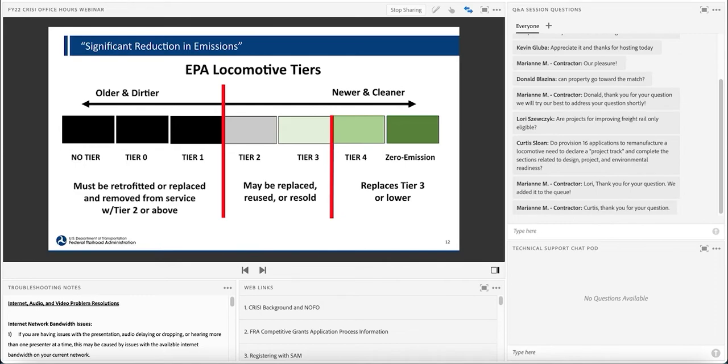Now, the older locomotives, those older and dirtier ones, must be retrofitted or replaced. Basically, we're looking to remove them from service, and they have to be replaced with a tier 2 locomotive or above. If you were looking to replace a tier 2 or tier 3 locomotive, you would need to purchase or retrofit that locomotive to a tier 4 standard or a zero emissions locomotive, such as a battery electric or hydrogen powered or electrified locomotive.